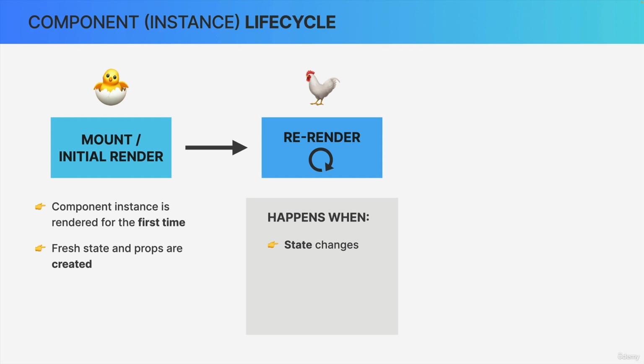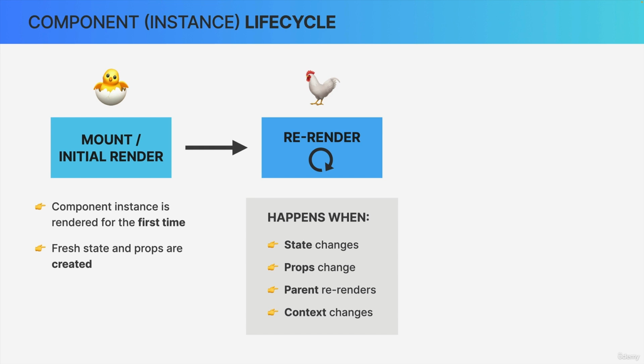However, back then, we were only talking about the entire application, not about one specific component instance. So, in practical terms, a component will also be re-rendered when the props that it receives change, when its parent component re-renders, or when something called context changes. And more about context later.